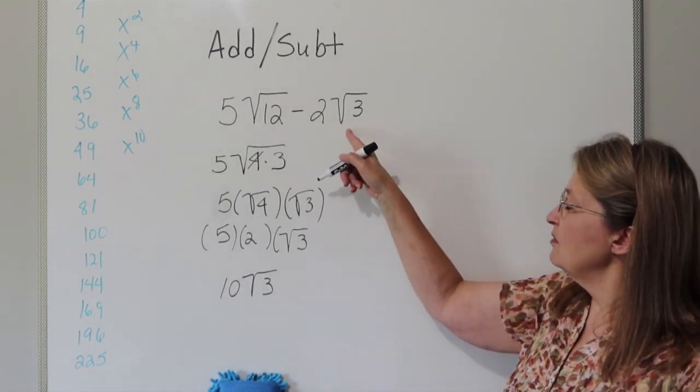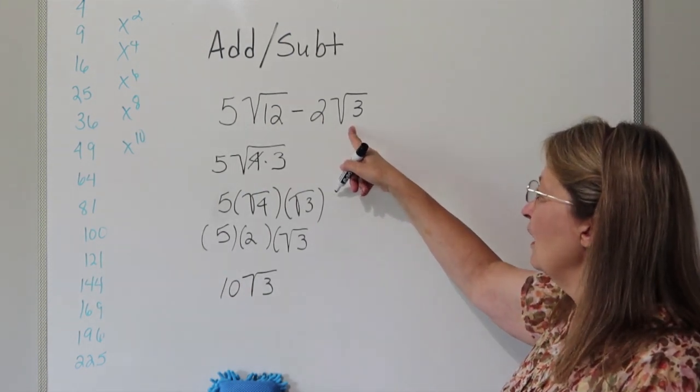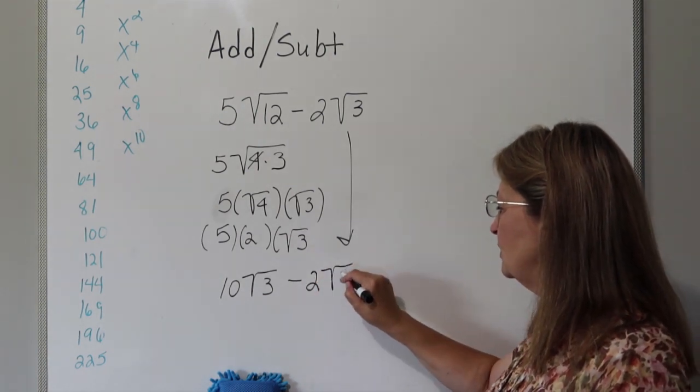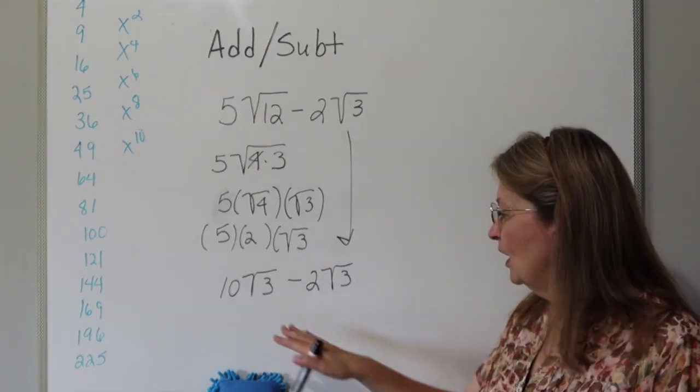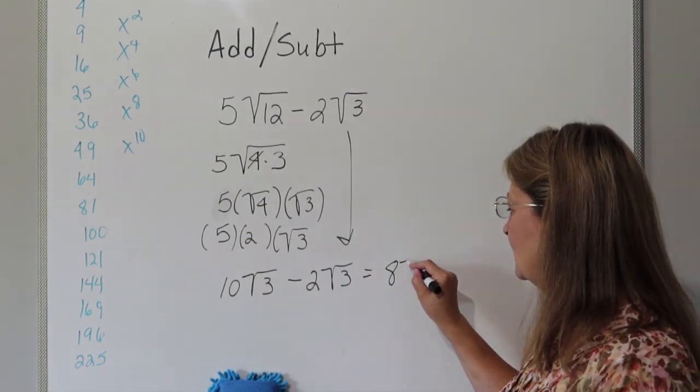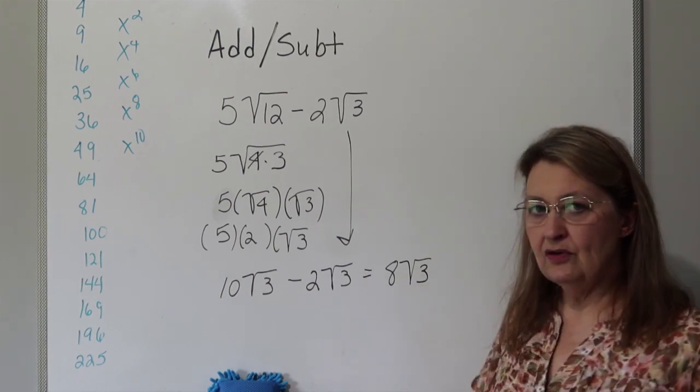Okay. Now let's come over here. 2 is in lowest terms, so I get to skip all the way down here and just put 2 minus square root of 3. Alright, so what is 10 square root of 3 minus 2 square root of 3? 8 square root of 3.